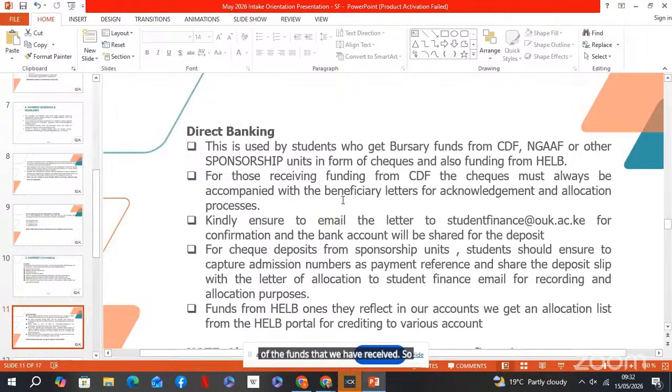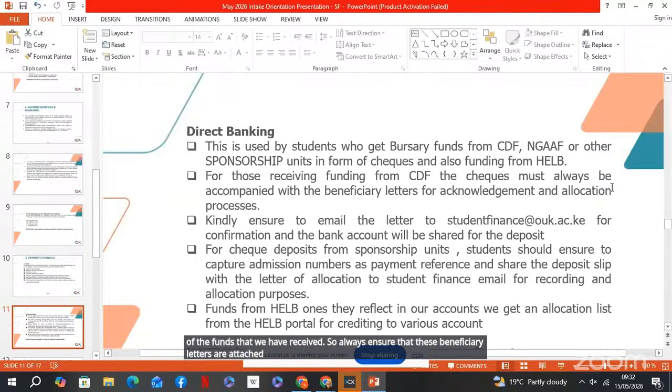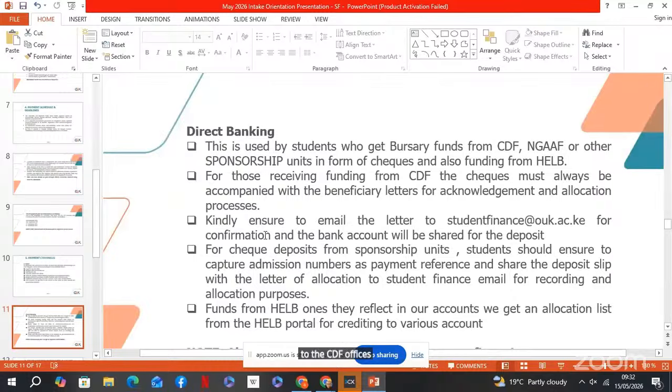So always ensure that these beneficiary letters are attached for us to be able to also provide an acknowledgement letter to the CDF offices. And then kindly ensure to email the letter to studentfinance@ouk.ac.ke for confirmation.